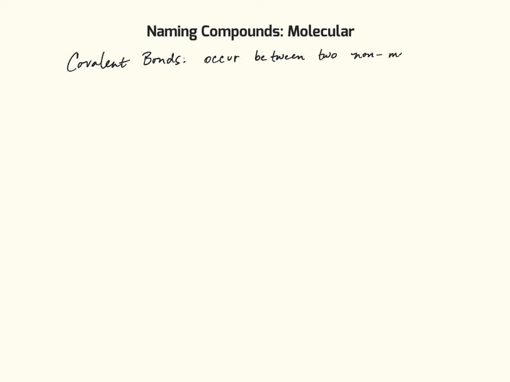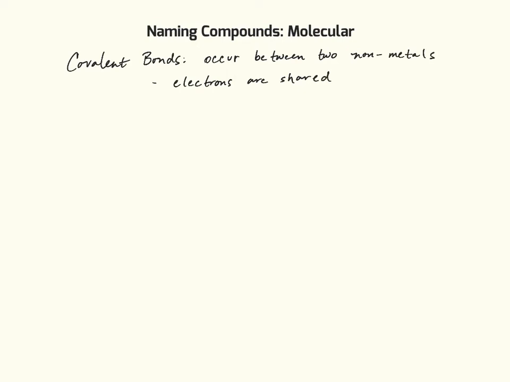Now remember, as opposed to ionic bonds where electrons are either given away or accepted, covalent bonds, the big aspect of those is that electrons are shared. Electrons are shared, not shard, shared.